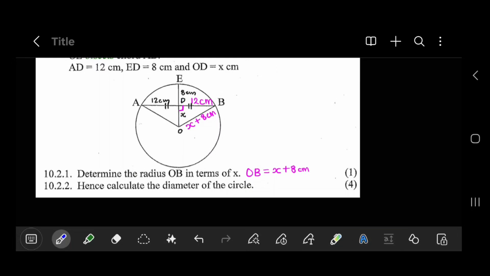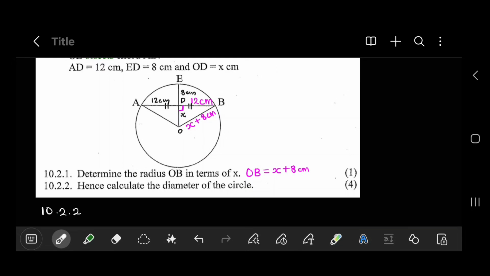I would prefer if you mention that that angle is 90 degrees and say perpendicular bisector as your reason before you go on to using the theorem of Pythagoras, mainly because the 90 degrees was not given to you on the diagram. Remember, when it comes to Euclidean geometry, we do not assume anything. Yes, it looked like a right-angled triangle, but you need to justify why it is a right-angled triangle.